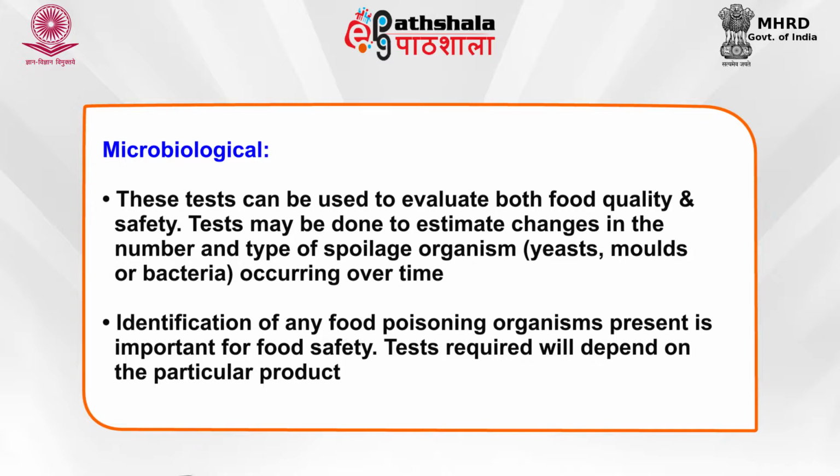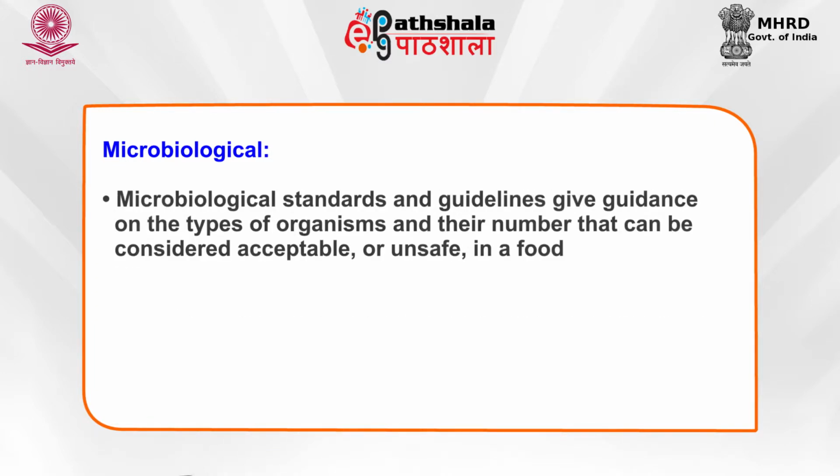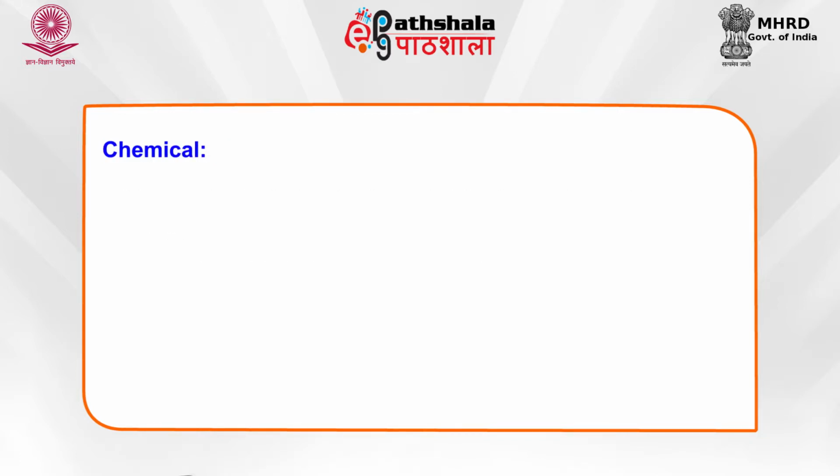Tests required will depend on the particular product. Microbiological standards and guidelines give guidance on the types of organism and their number that can be considered acceptable or unsafe in a food.